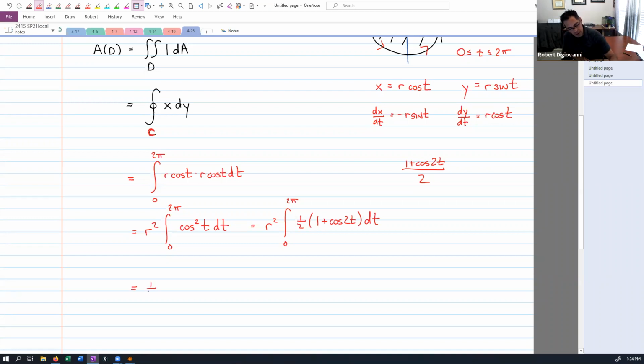So this is going to be 1/2, and I'm going to bring that out with the R squared, integral 0 to 2 pi of 1 plus cosine 2t dt, which is 1/2 R squared. What's the antiderivative of this? The antiderivative of 1 is t. And the antiderivative of cosine 2t, be very careful, is 1/2 sine 2t. And we need to evaluate this from 0 to 2 pi.